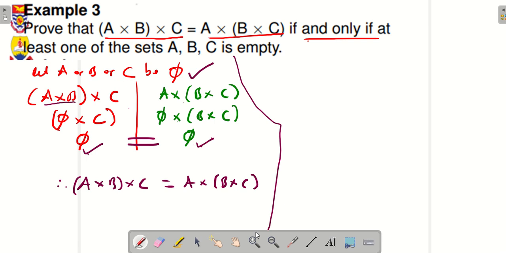Now, we can also prove this by contradiction. So let's take this: proof by contradiction.